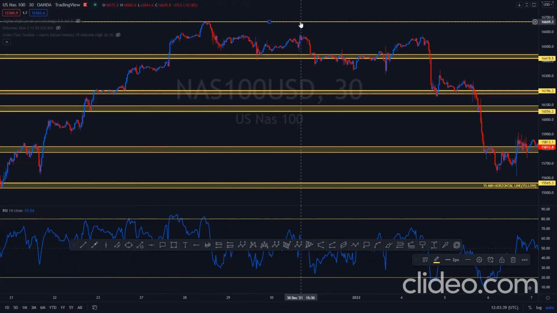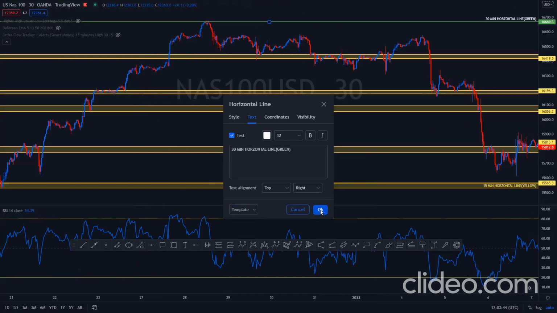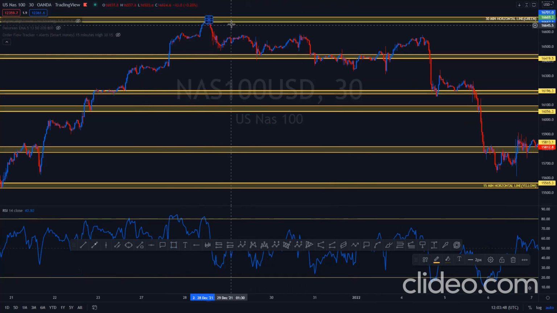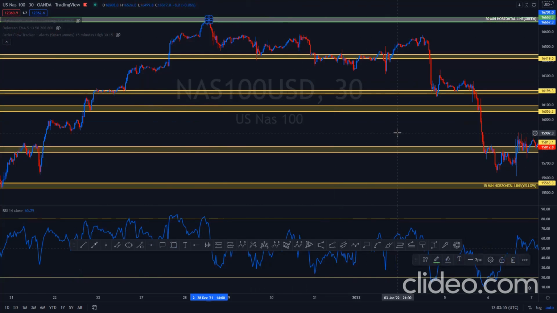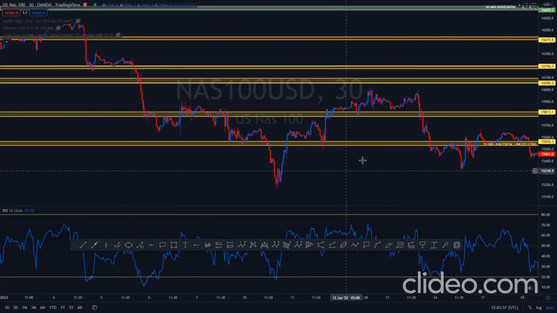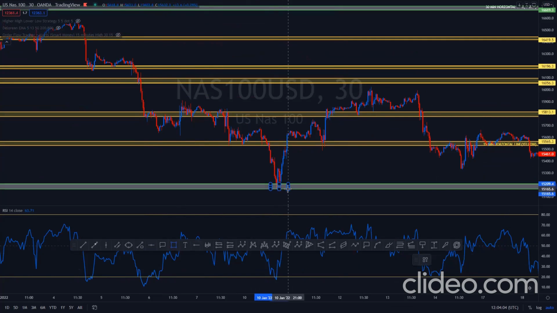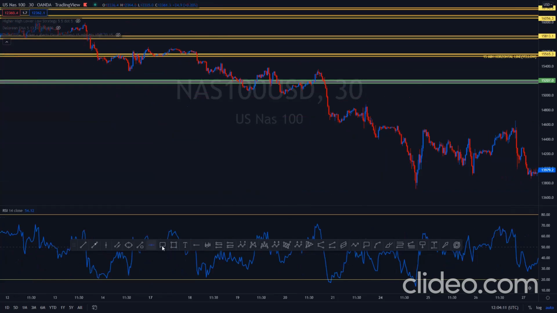So then I want to mark up this point. I'll make it green because it's the 30-minute. And then I'm going to mark it down here as well.